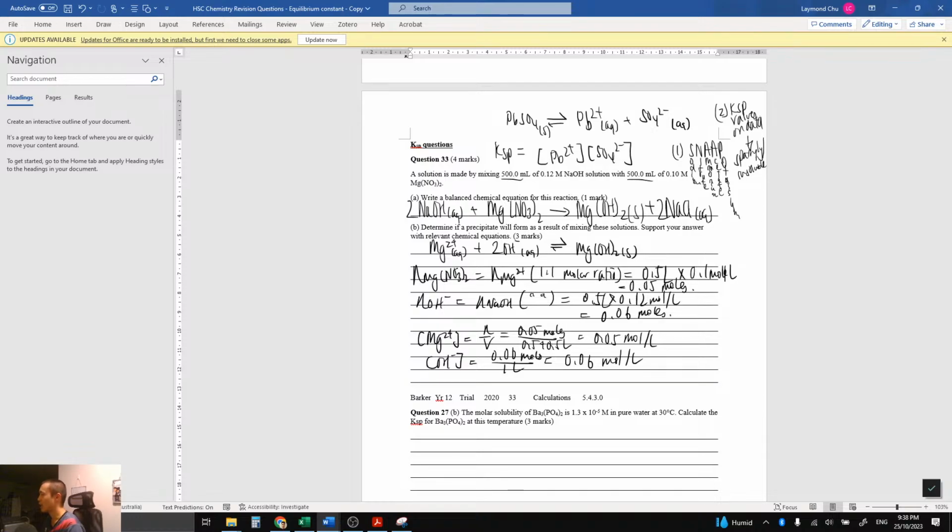Okay, I might need to find a data sheet. While we find a data sheet here, let's keep working on this.